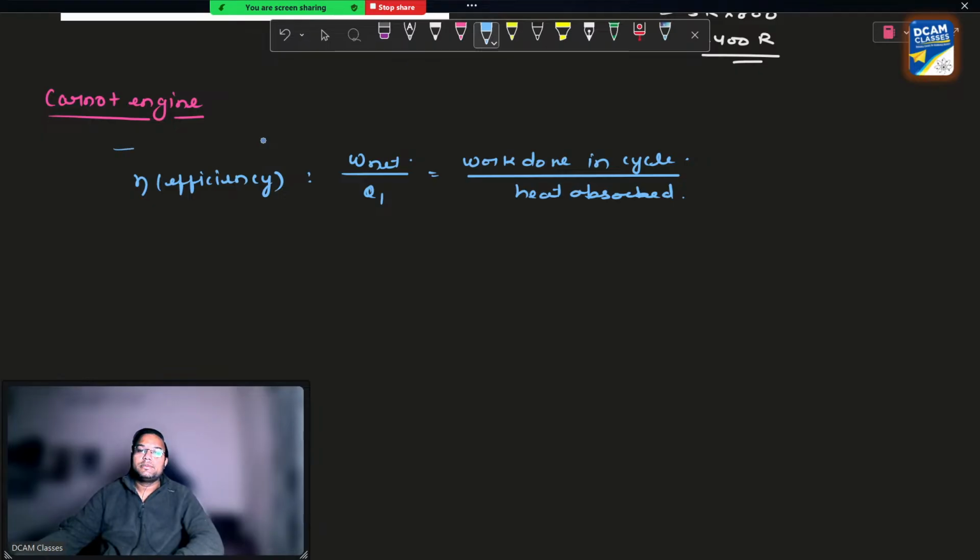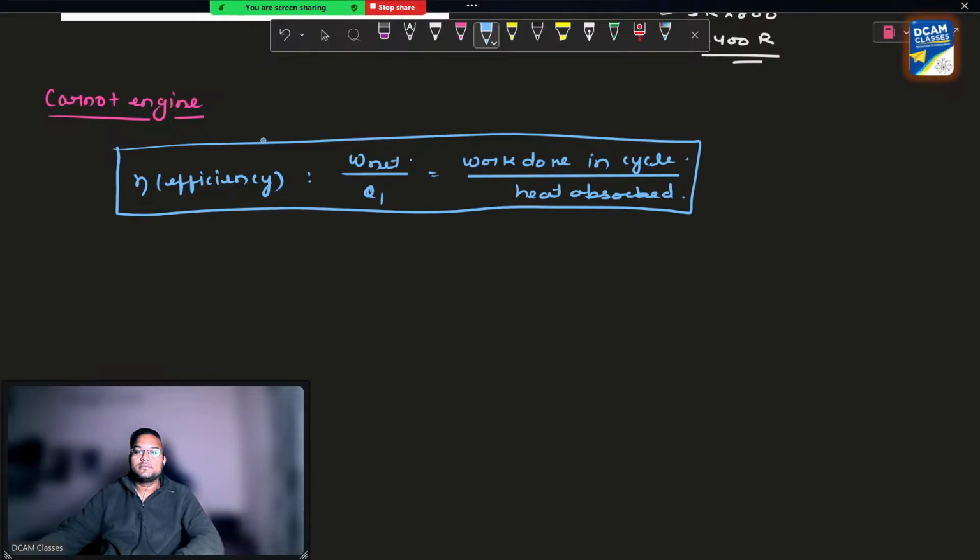This is the basic formula of efficiency of a heat engine.